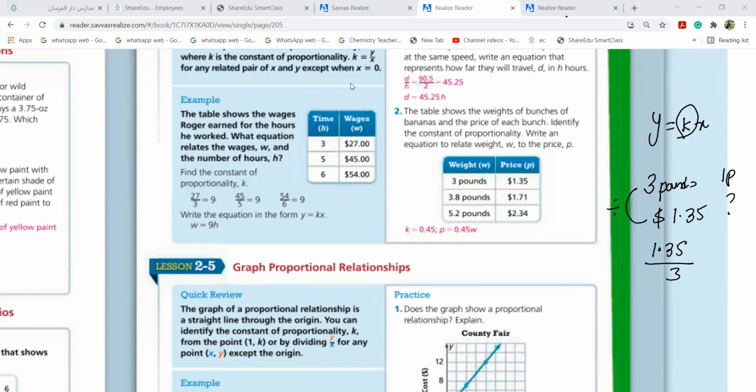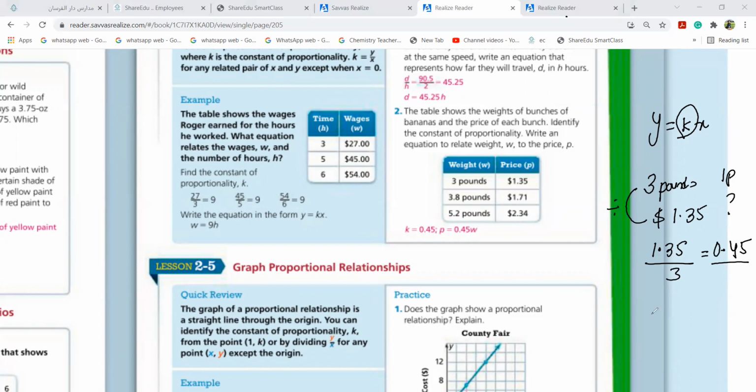See, for 3 pounds, you have 1.35. So for 1 pound, how much? Why do I find 1? To find this k value. Whatever I get with 1 unit. Do it and tell me. 1.35 divided by 3 is 0.45.